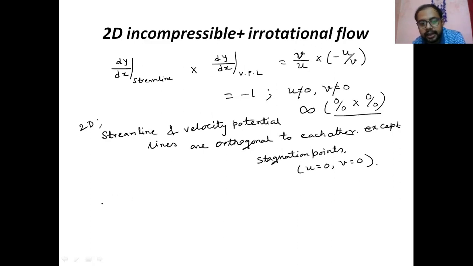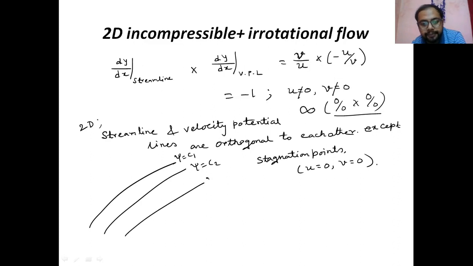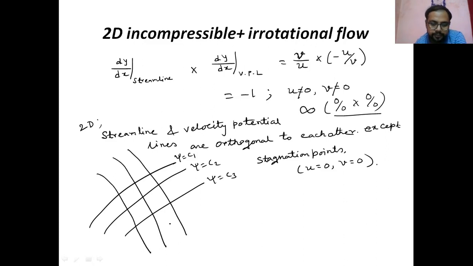So if these are the streamlines, psi is equal to c1, psi is equal to c2, psi is equal to c3, then the velocity potential lines will be like this: phi is equal to some values c dash, phi is equal to c double dash, phi is equal to c triple dash.